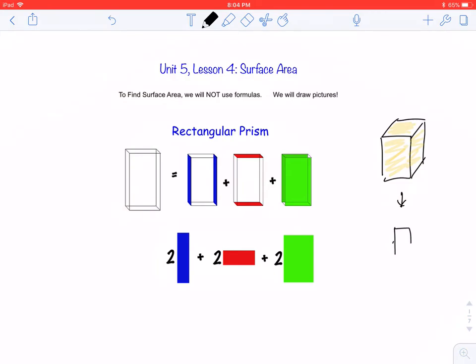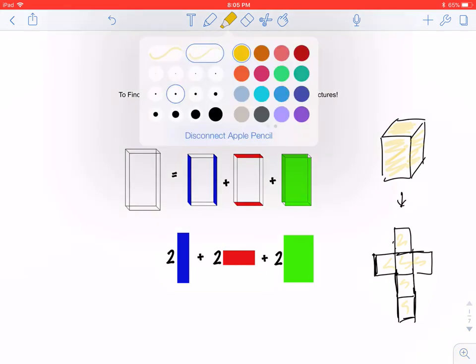One way to think about it is the net. If you were to peel that shape open, what would it take to cover it back up again? Last time we had class, we talked about drawing the nets of our figures. So that's more or less how we're going to think about surface area today: wrapping around the outside, basically adding up the area of all of the faces.